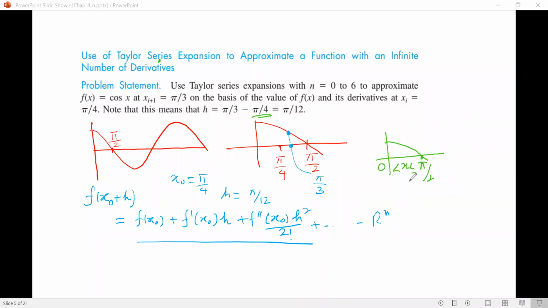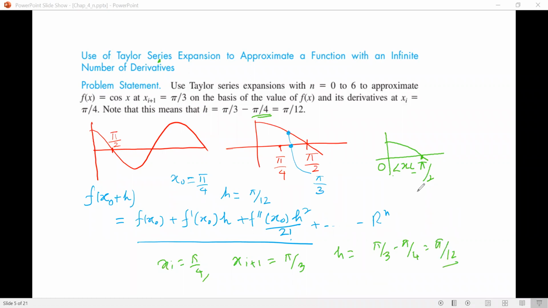So for example, your xi value is equal to pi divided by 4, and your xi plus 1 is equal to pi by 3. Then your h is equal to pi by 3 minus pi by 4, which is equal to pi by 12.